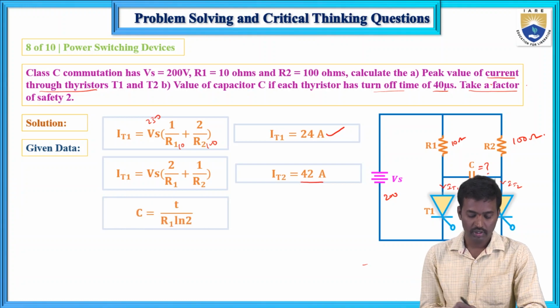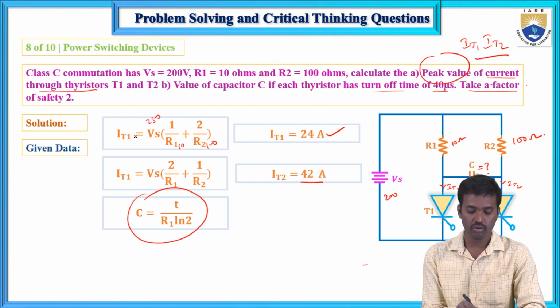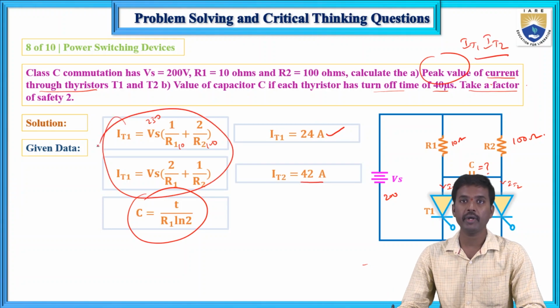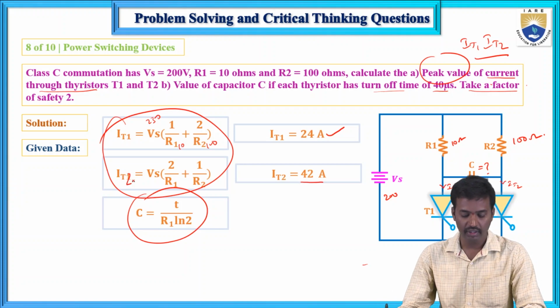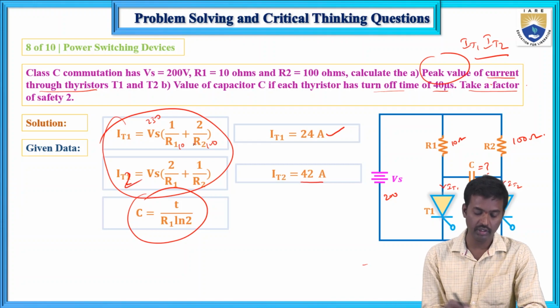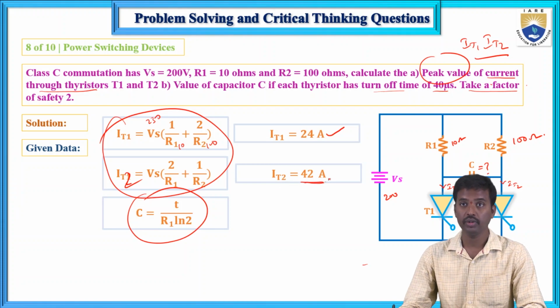So the peak value calculation of IT1 and IT2 is over. You only need to remember these two formulas: IT1 equals Vs by 1 by R1 plus 2 by R2, and this is IT2, which equals 42 ampere.